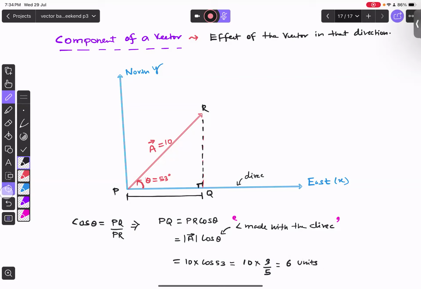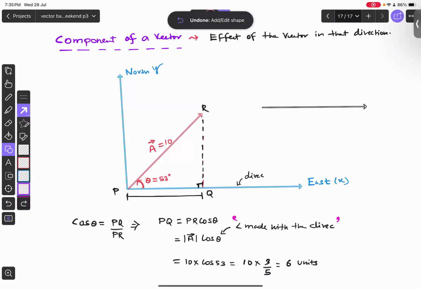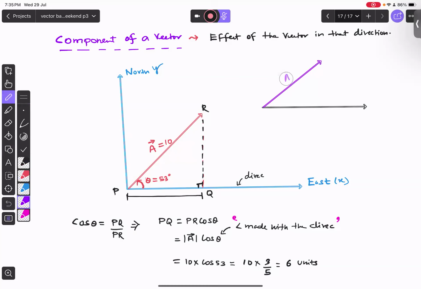It means in traveling 10 in that manner at an angle of 53 degrees from east, we have traveled 6 kilometers, or 6 units, along the eastward direction. Whenever we have to find the component of any vector along any direction, suppose I have to find the component of this vector A along some direction, this one, then every time we find what angle the vector A makes with that direction.